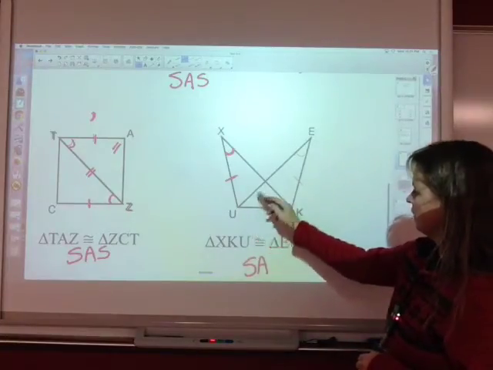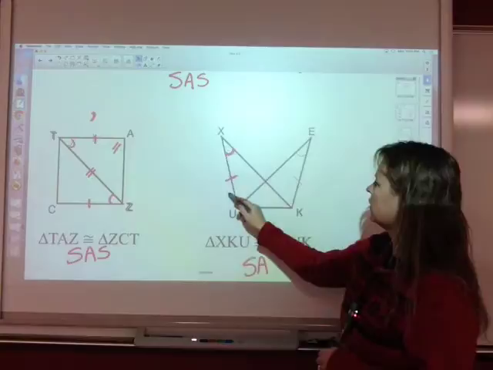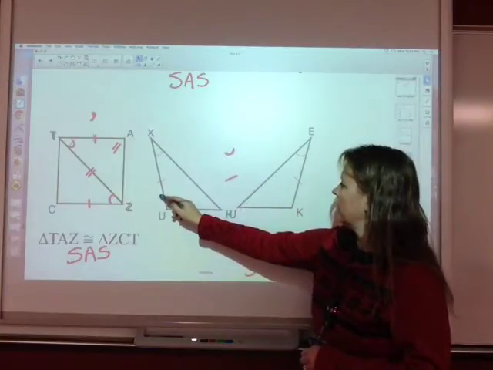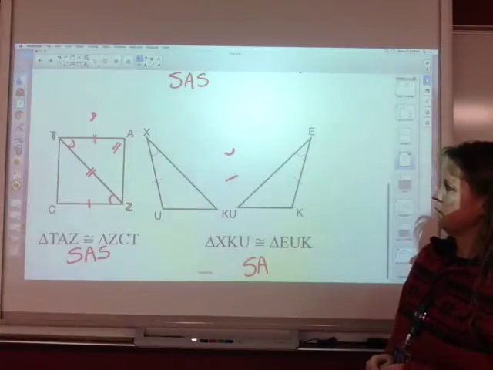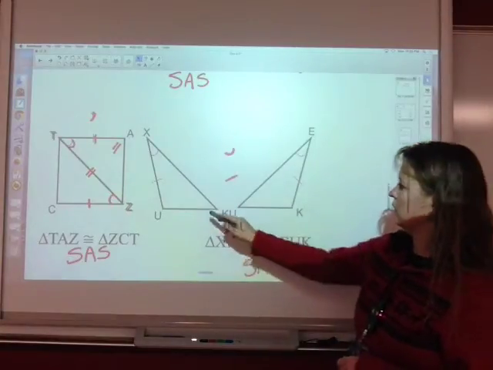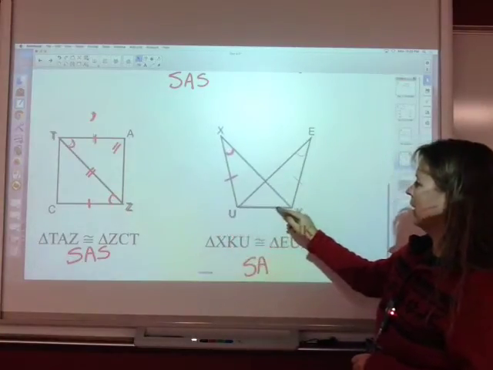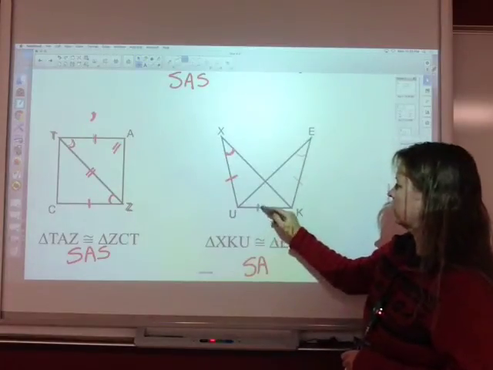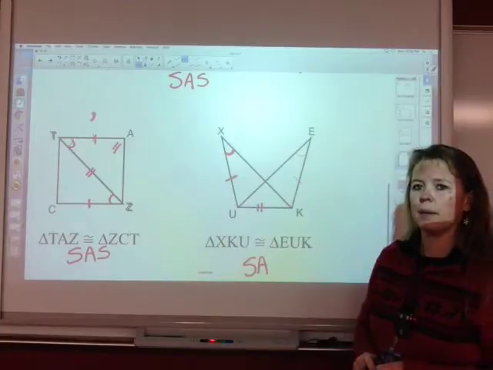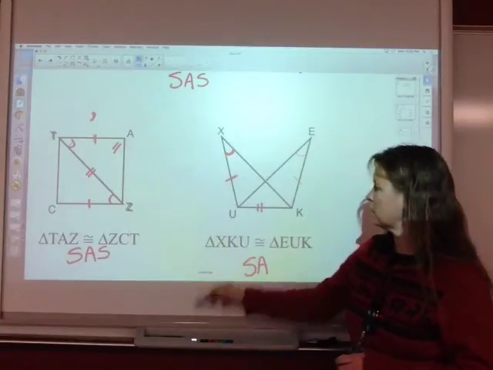Okay, I see this triangle over here on the left and this triangle over here on the right. Side, angle. We put them back together, and once again we have the reflexive property. There's your reflexive property. But watch what happens.